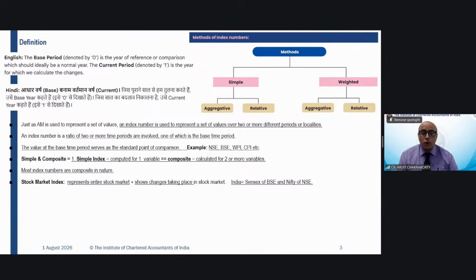That's why the stock market index is often referred to as the barometer. I'm sure you know what a barometer is. When we measure the temperature, what do we use? We use a thermometer. Similarly, for measuring the atmospheric pressure, we use a barometer, right? You must have done this in science in your high school.